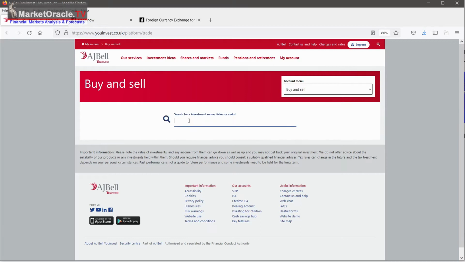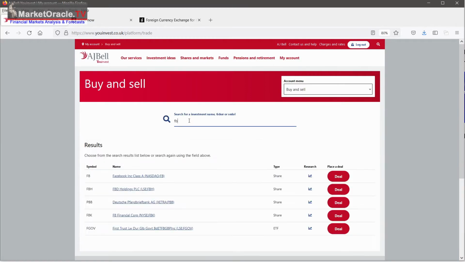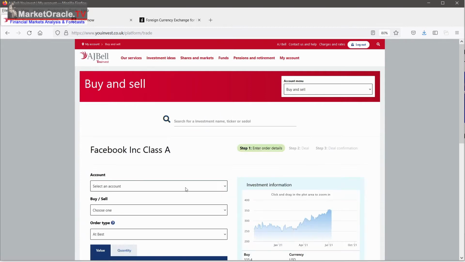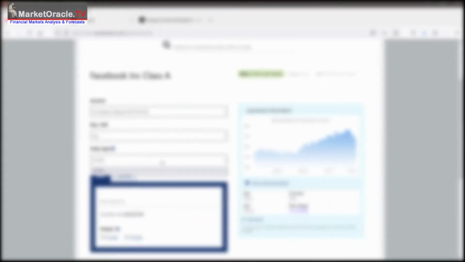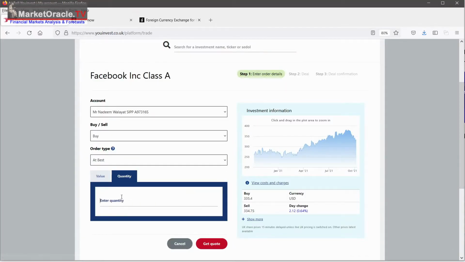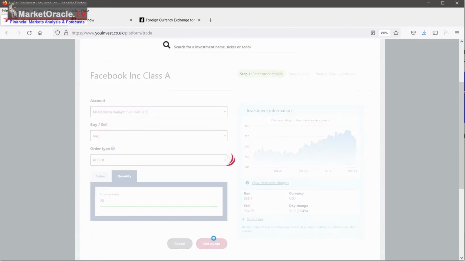Okay, so we logged in, and let's get a quote with Facebook. Nasdaq, yeah. Buy, no limit orders. What should we buy? Let's do quantity 20 shares. Get quote.